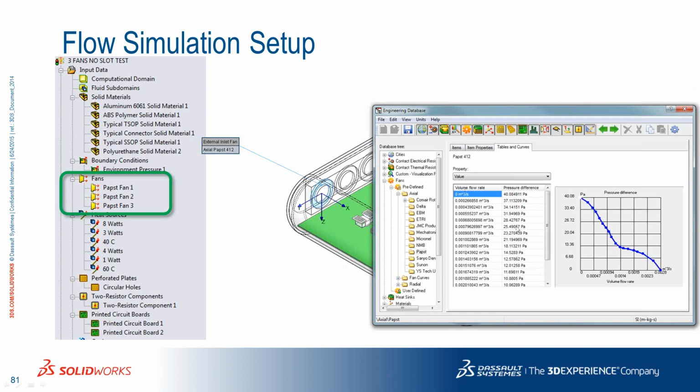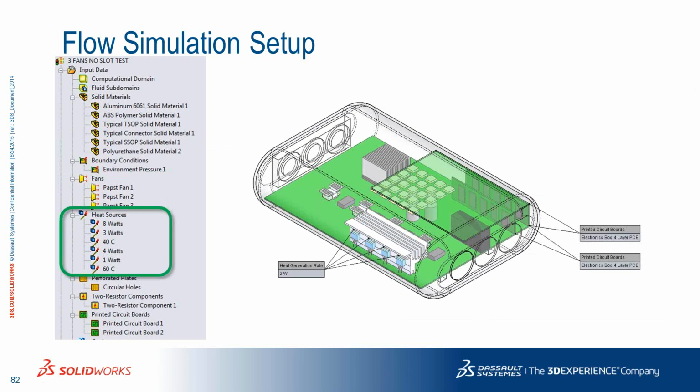That's the bread and butter of using a fan, being able to tell the program what the relationship between flow rate and pressure drop is for that particular fan that you're trying to simulate. Then we have some heat sources for the RAM chips, for the IC chips, and for several other components on this circuit board that are generating heat.